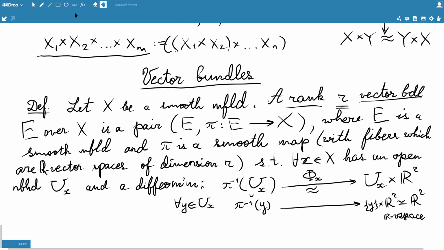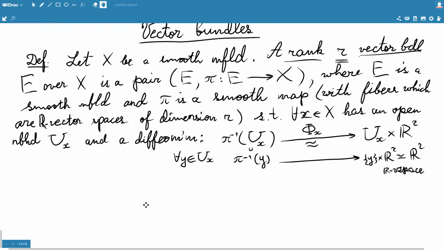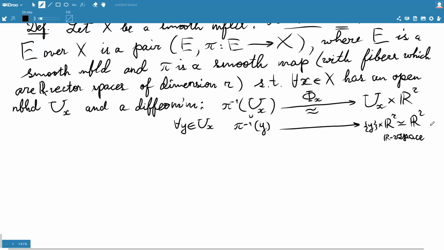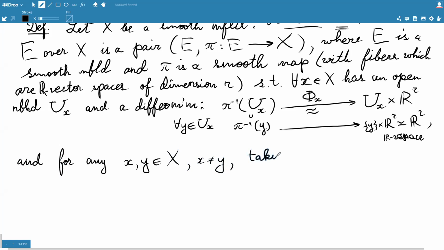If we have, so this is not the end of this definition, just so, and for any x and y in X, any distinct points, taking pi to minus 1, taking Ux, which is an open neighborhood of x, respectively of y.